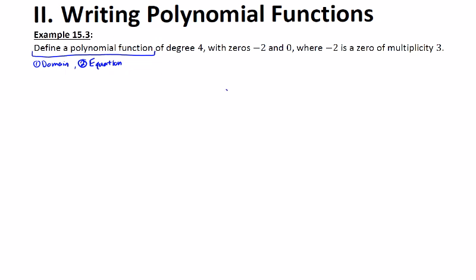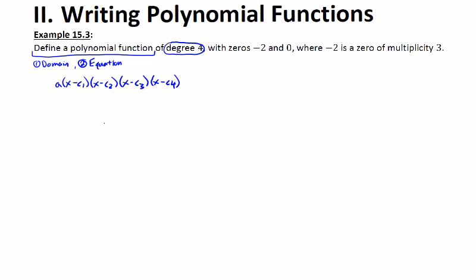Condition number 1, we have to have a degree 4 polynomial. Since we have to have a degree 4 polynomial, the linear factorization theorem says that I would have to have something like a times (x minus c1) times (x minus c2) times (x minus c3) times (x minus c4). Degree 4, 4 factors, 4 zeros.